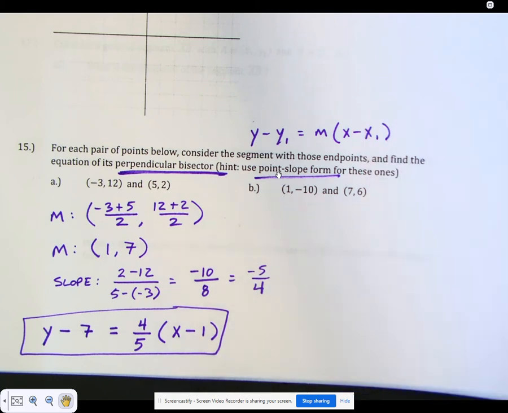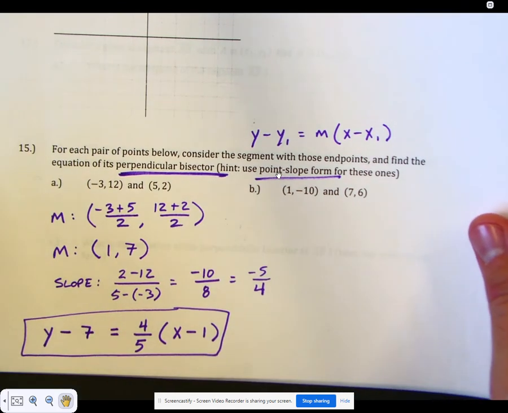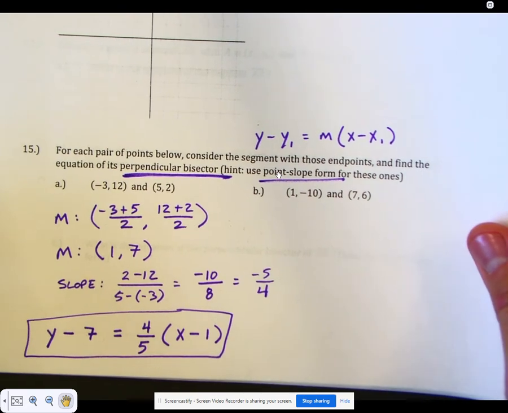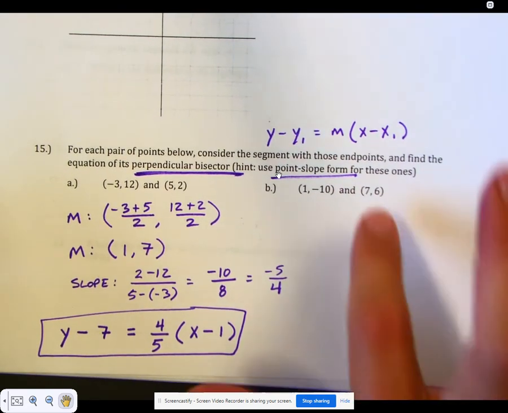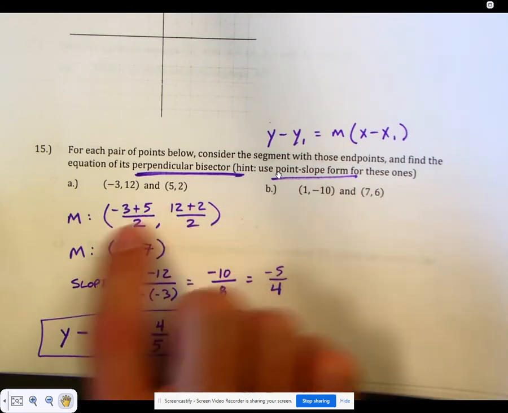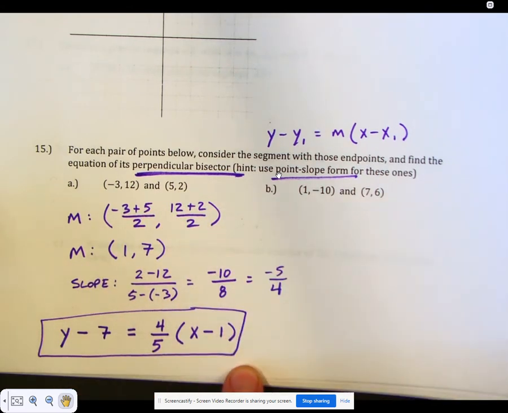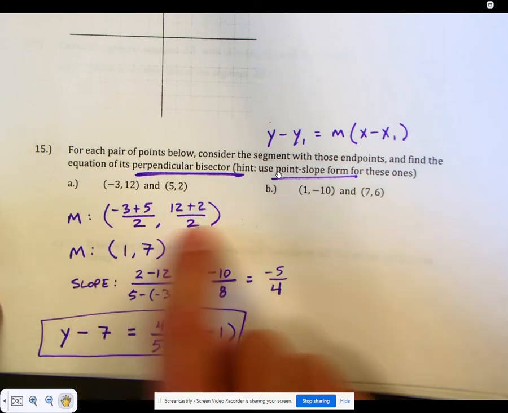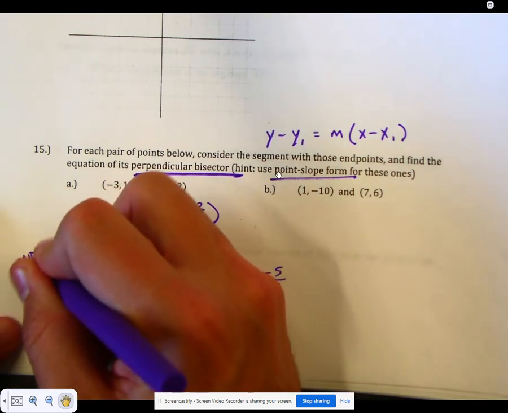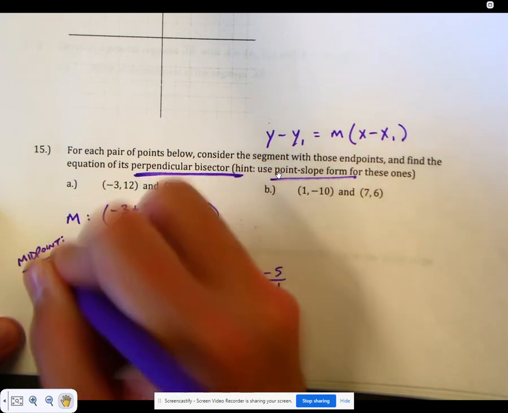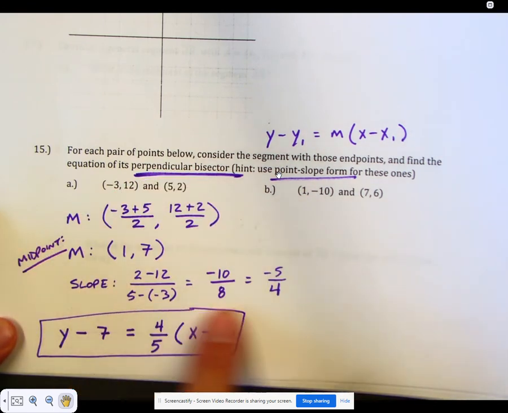Just try your best on B. It's not the most critical thing we're covering, but it's something that's good to know. Try to apply the exact same line of reasoning here. Find the midpoint. There's your midpoint. Calculate the slope, rise over run.